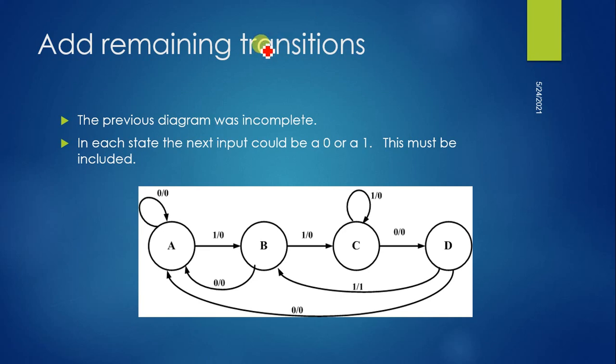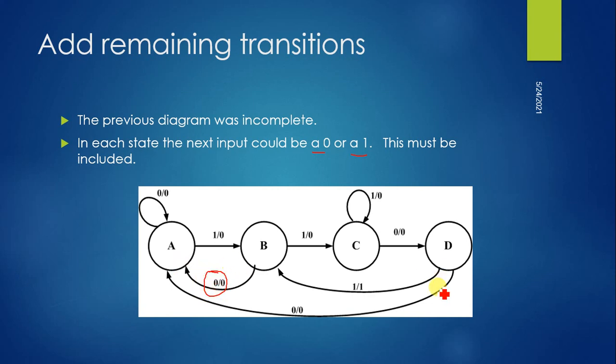So let us add some transitions in between. In each state, the next input could be 0 or 1. This must be included in each state; that is what the statement mentions. If the next input is for B, and I take one input from B to A, that becomes 0 bar 0.